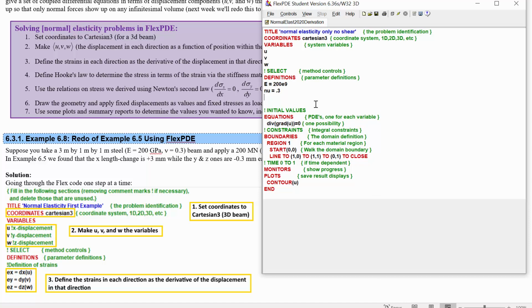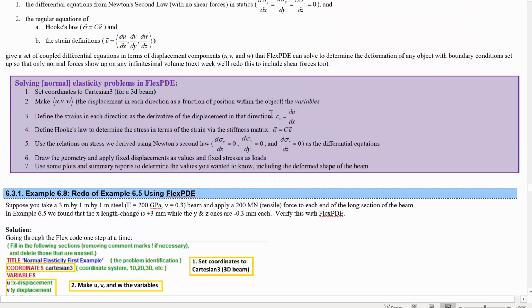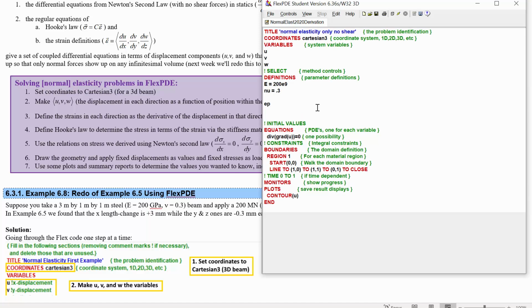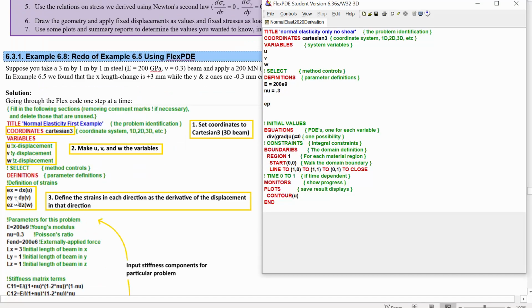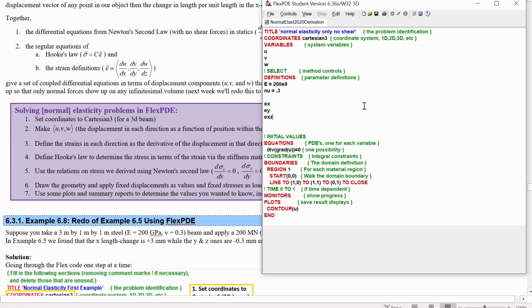Then what we're going to do is write out the relationship. Well, actually, first, let's write out the strain definitions. And that is epsilon. Well, what did I call them down here? Yeah, just E. Okay, so EX, EY, and EZ.